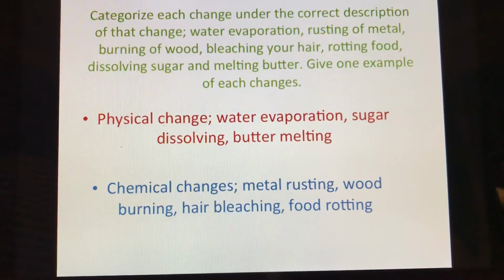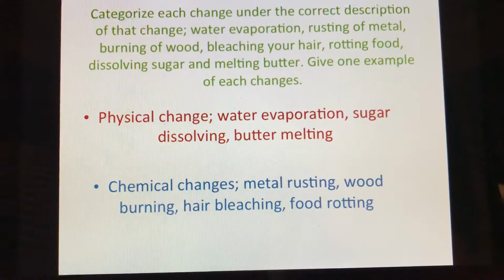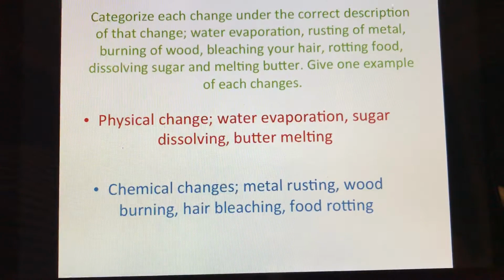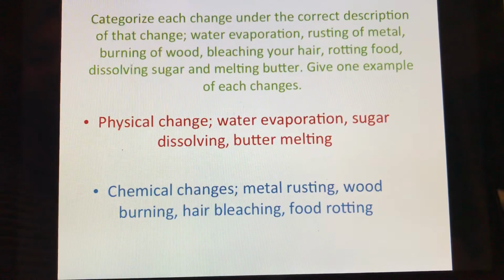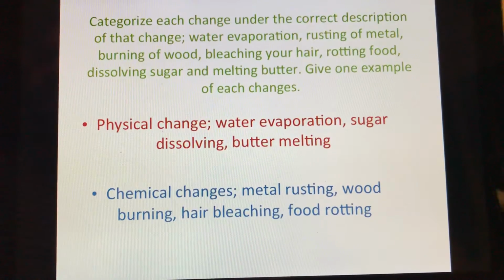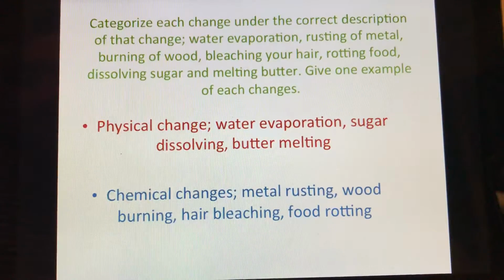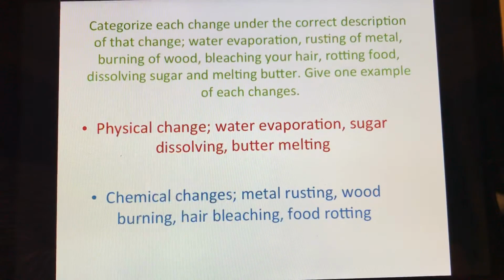It's not necessarily changing its chemical property, but just changing its physical appearance. For chemical changes, metal rusting, wood burning, hair bleaching, and food rotting. That is more on the chemical side, not so much physical. Because of those chemical changes, new substances are being created.